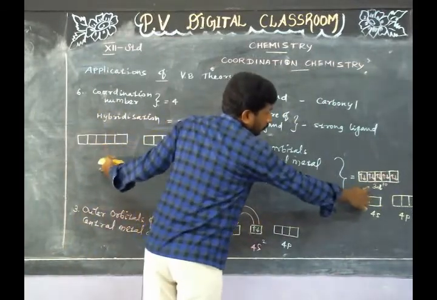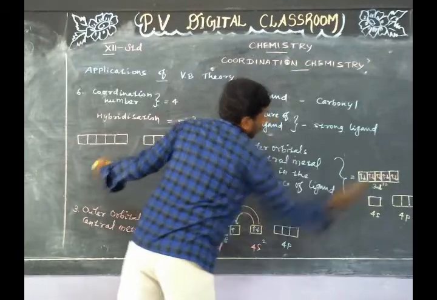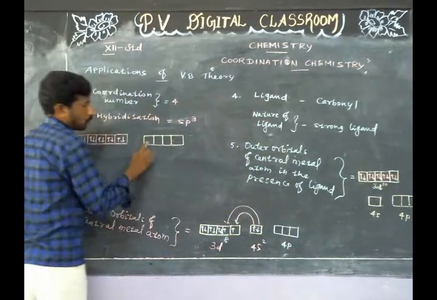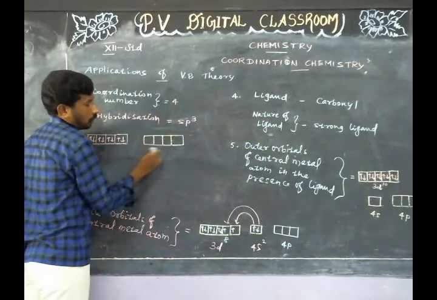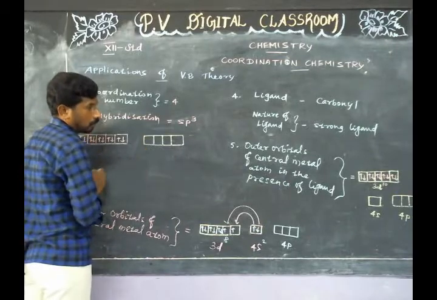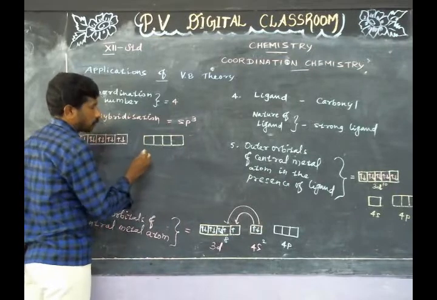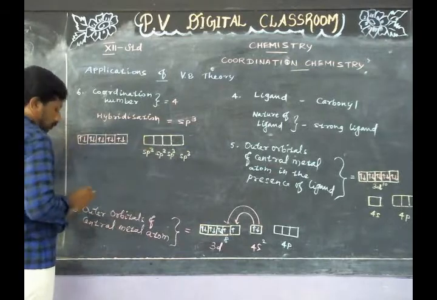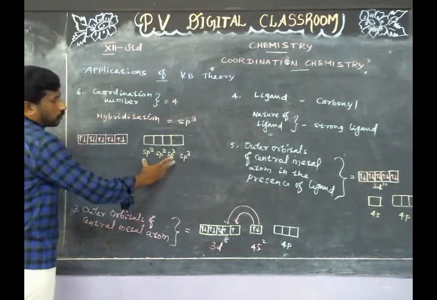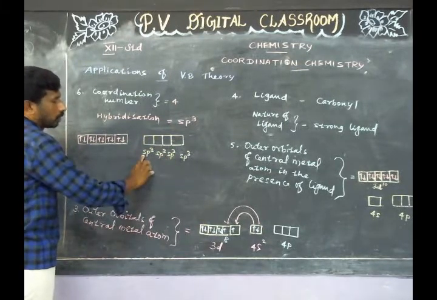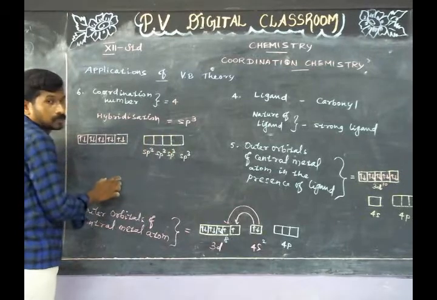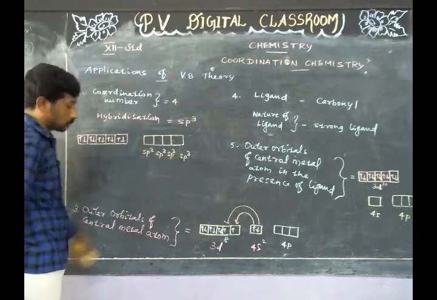The 3d orbital of the nickel atom has 10 electrons. These 4 orbitals are called sp3 hybridized orbitals. These 4 equivalent sp3 hybridized orbitals have no electrons.